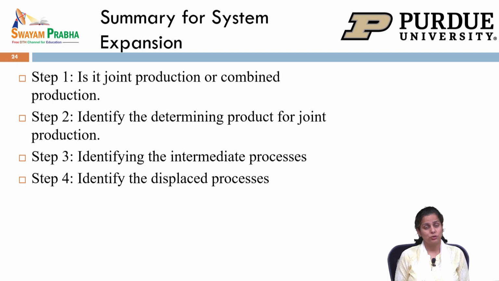In case there is no alternative production route, then you do not have any displaced processes. So, anytime you come across such a case, remember these 4 steps, and this will really help you to identify how you ascribe the actual impact to the product of your focus of LCA study.